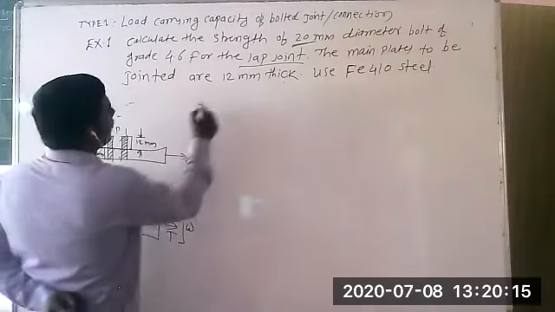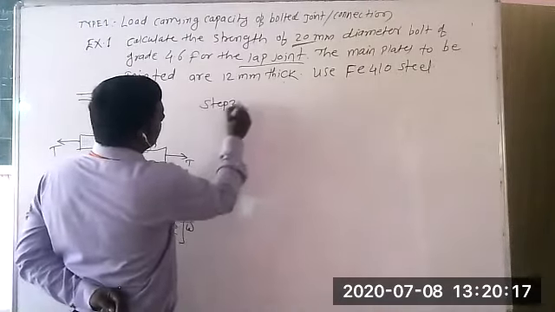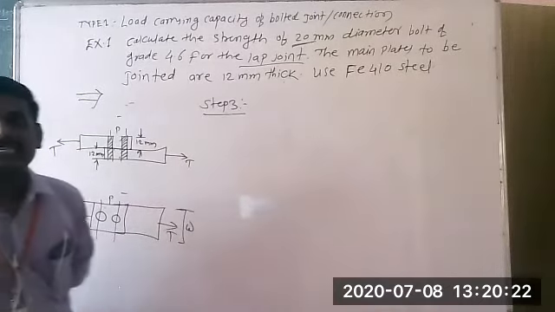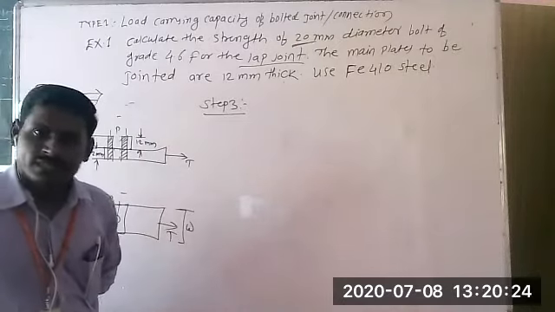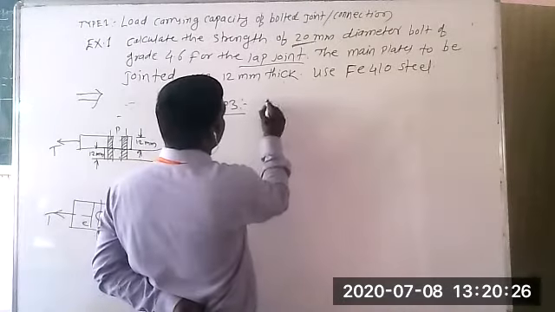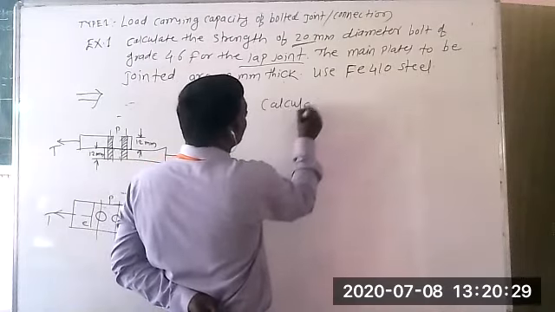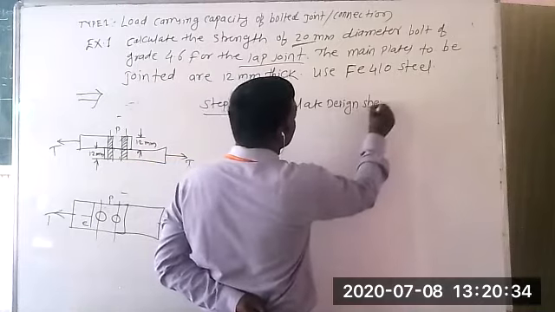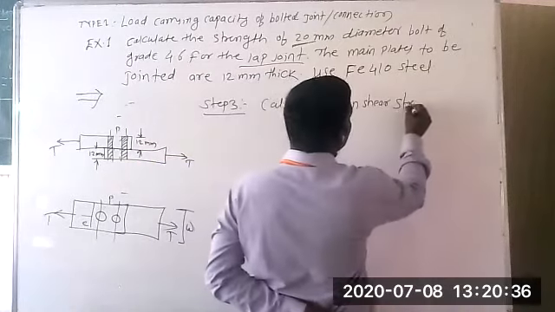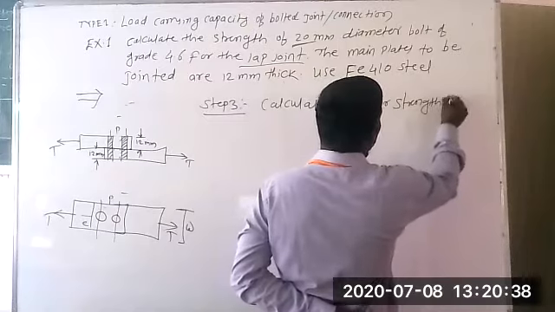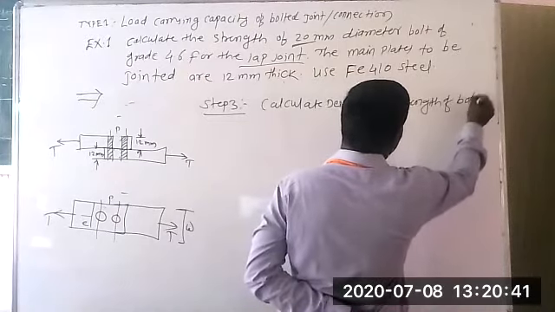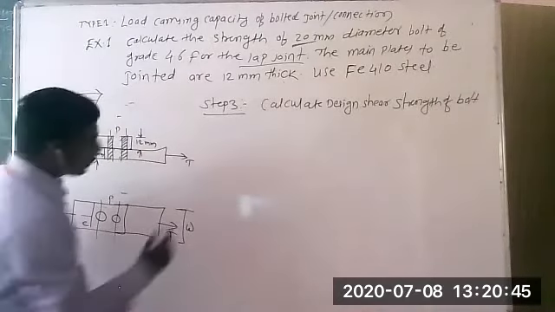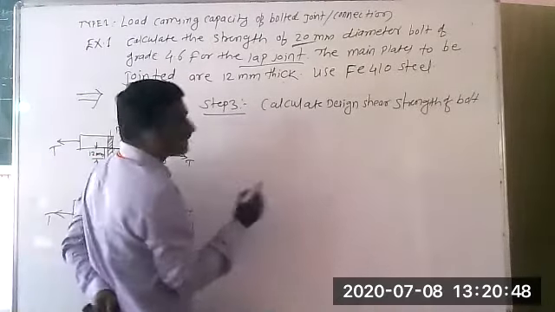Okay. Now next step, step number 3. What is step number 3? Calculate design shear strength of the bolt. As per the design procedure, step number 3 is to calculate the design shear strength of the bolt. What is the formula for the calculation of shear strength?